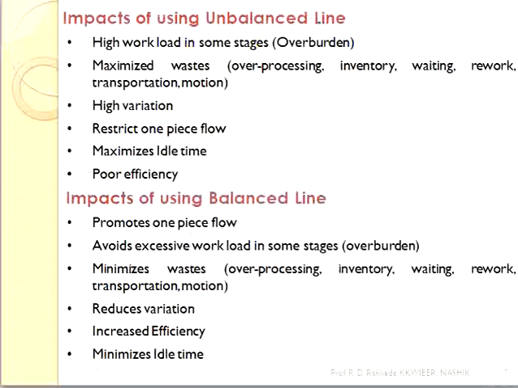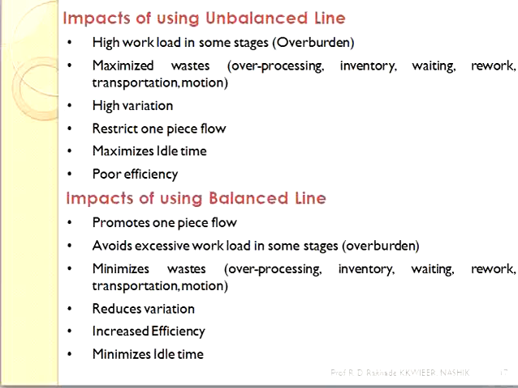Then the impact of using an unbalanced line and the impact of using a balanced line, meaning the basic difference between unbalanced and balanced line. If you consider an unbalanced line, there is a high workload in some stages, that is, overburden on a particular machine or operator. Then there is a chance of maximum wastage, maybe over processing, inventory, waiting, rework, transportation, motion, that is the 7 types of waste.